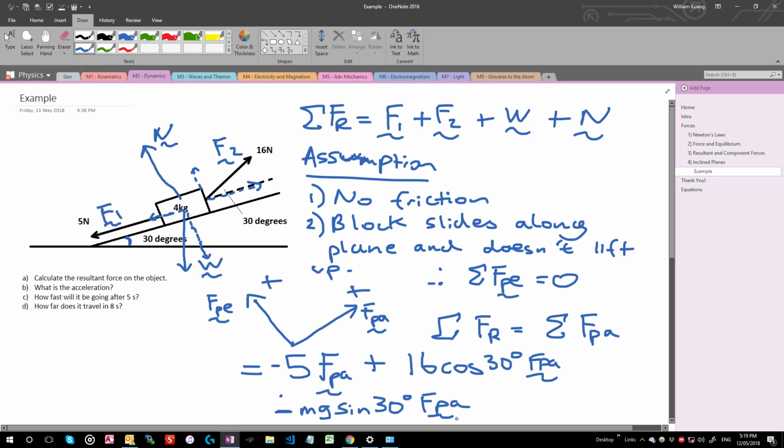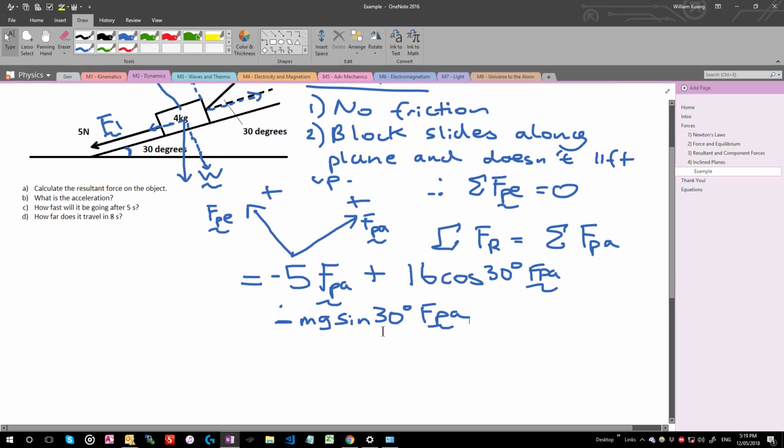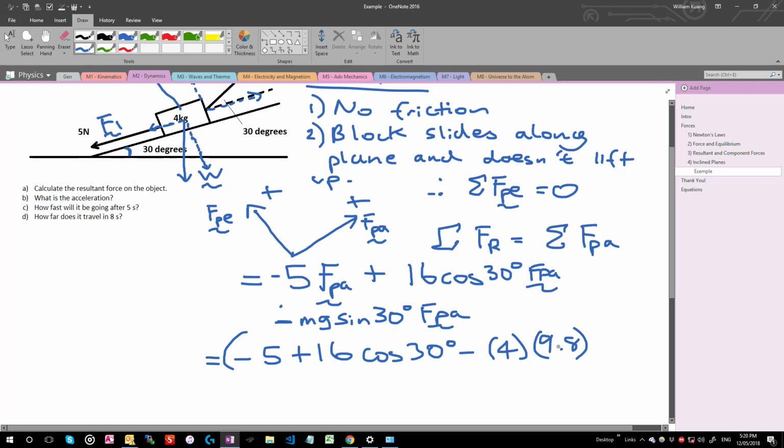So we are actually done here, and we can start substituting the values. So I'm just going to do -5, and I'm going to put brackets here. Plus 16 cos 30 degrees, minus, it weighs 4 kilograms, g is 9.8, and sine 30.